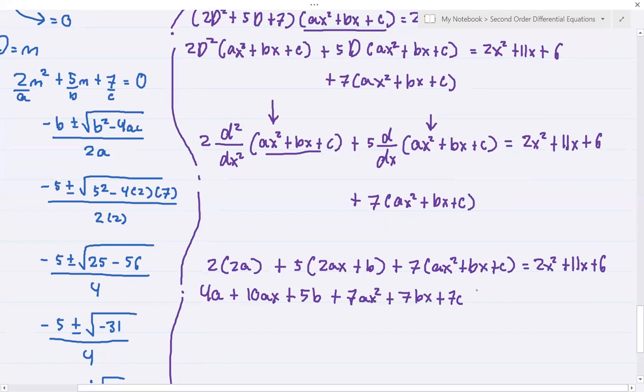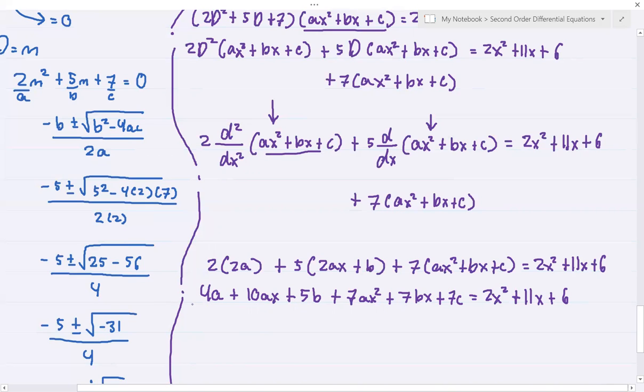Okay, and it is equal to 2x squared plus 11x plus 6. Okay, there we go. Now let's take a look if we can combine similar terms on this side of the equation. So it seems like for 10ax, 5b, 7ax squared, 7bx, 7c.